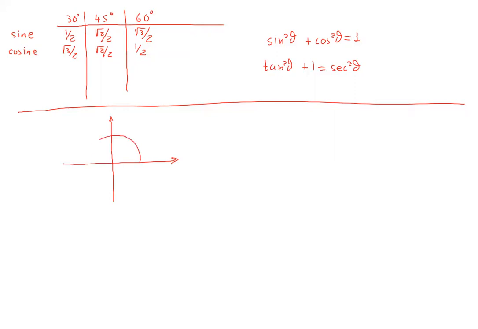It all starts with a unit circle. That's a circle of radius 1. And it turns out that the circumference of the circle is 2 pi. In fact, pi can be defined as the ratio of the circumference to the diameter of any circle.